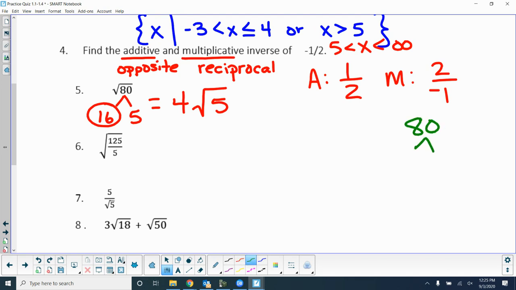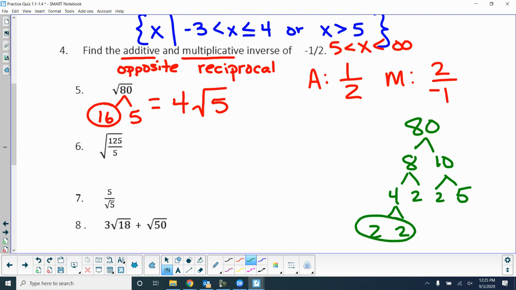What'd you go, 8 times 10 maybe? Yeah, 8 10. So for this pair of 2s, you bring a 2 out. For that pair of 2s, another, and then the 5's left.